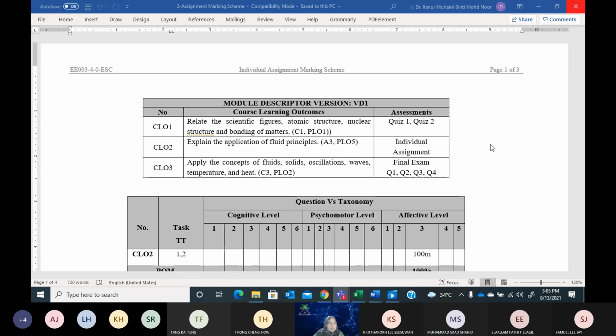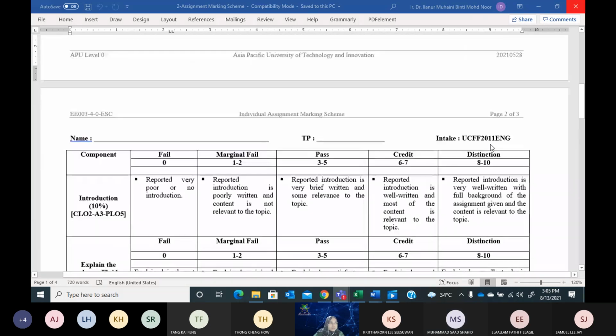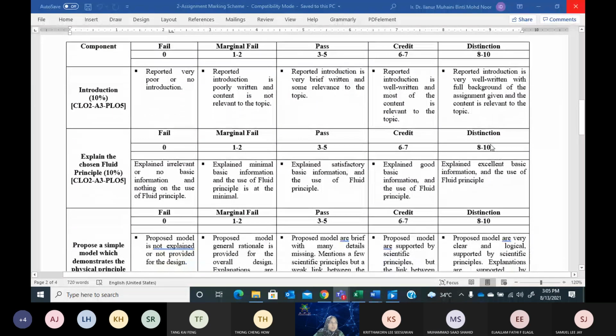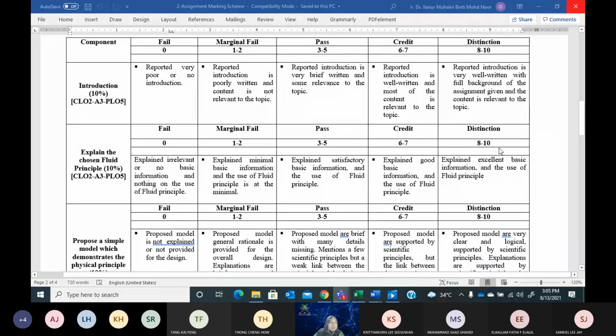So the marking scheme will guide you in making the report. The first component, introduction, is 10% of the marks.